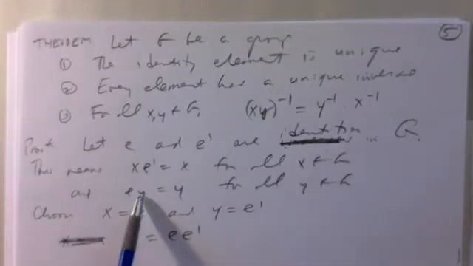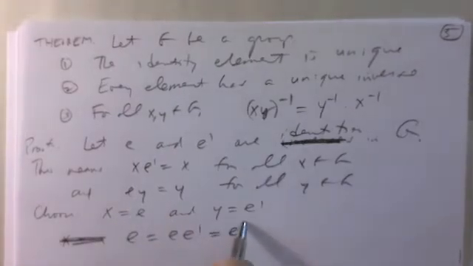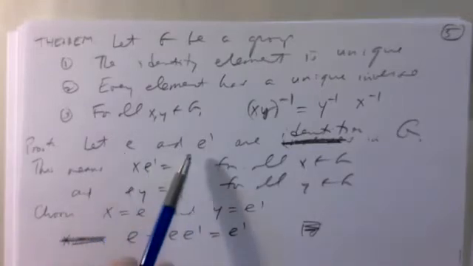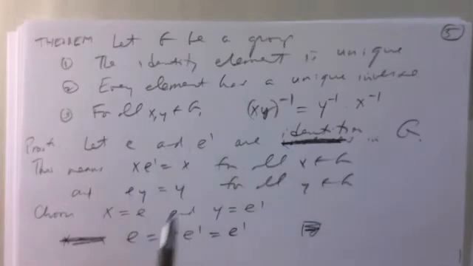And if I let y equal e prime, e prime is equal to e times e prime. Done. That's the proof. So if two elements have the property of being the identity, in fact, they're the same element. So this proves one.